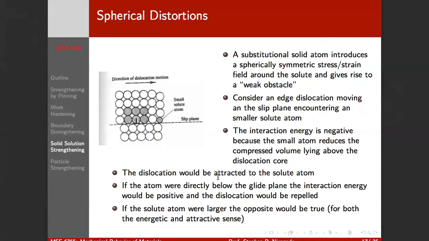So why don't the attractive and repulsive effects just balance each other out and give us a net zero strengthening?